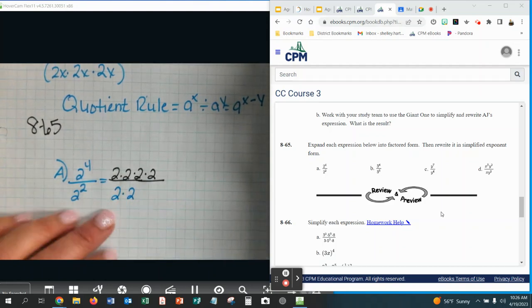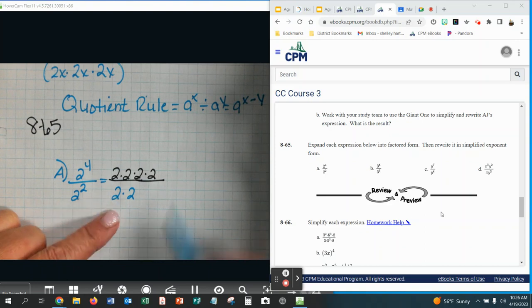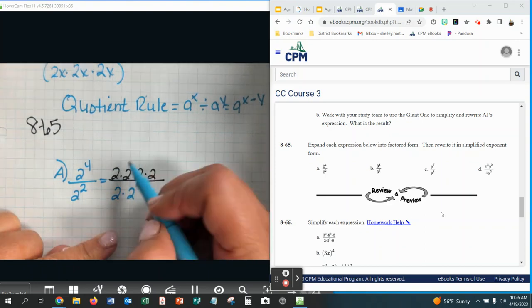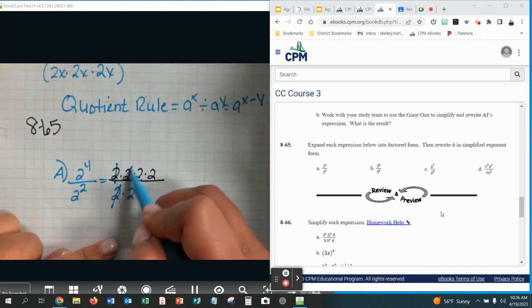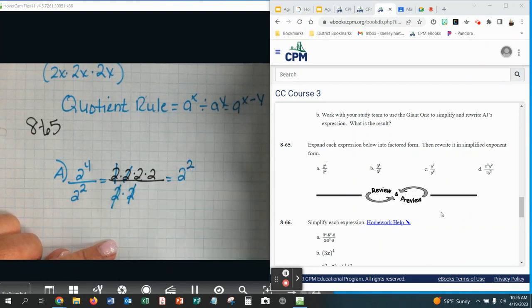Now, when these are below a fraction line, it makes them negative. So you're actually just subtracting them. So this goes away and this goes away, and what you're left with is 2 squared. Okay?